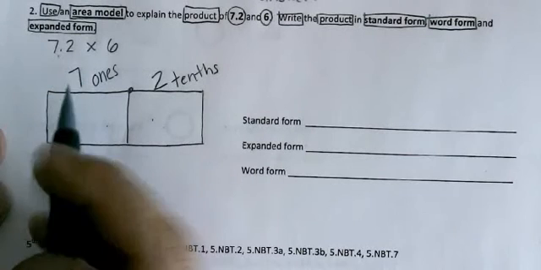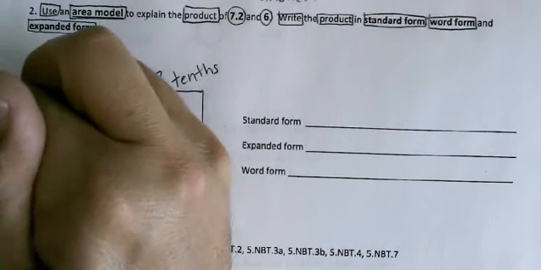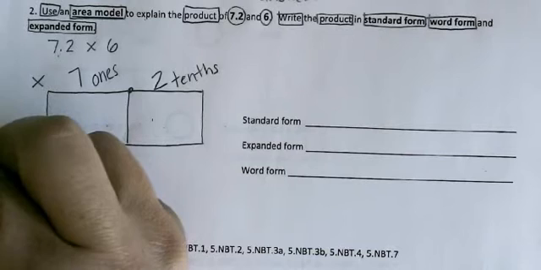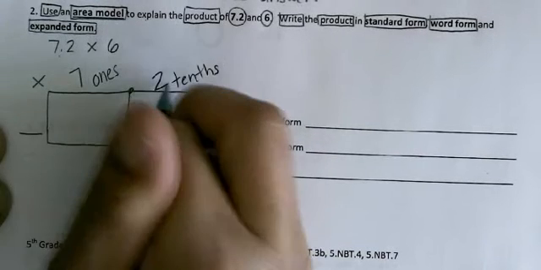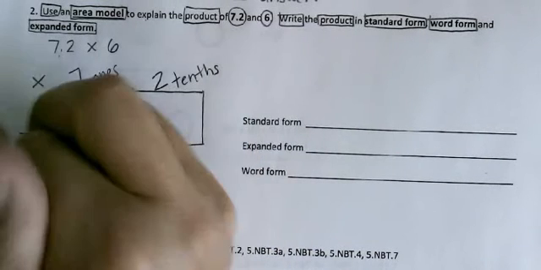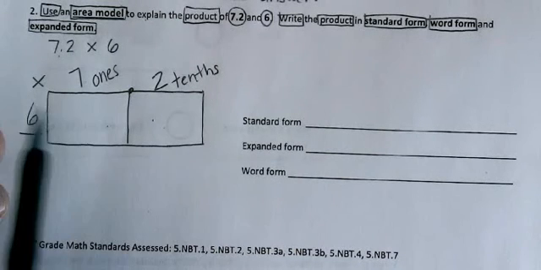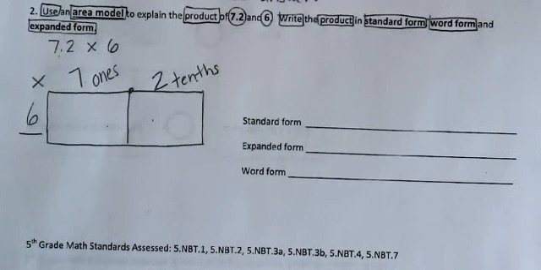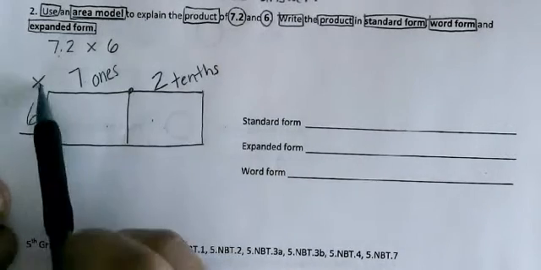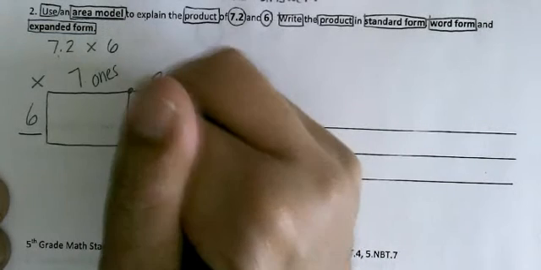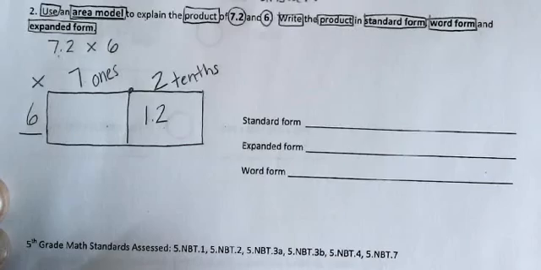Are we multiplying, adding, subtracting, or dividing? We are multiplying. And we're going to do 7 and 2/10. We're going to make 6 copies of it, so we're going to have the number 6 over here. And then now it's a matter of plugging in the numbers inside the boxes. 6 times 2/10, well, that's going to be 12/10, and we'll just write the number 12 right there.